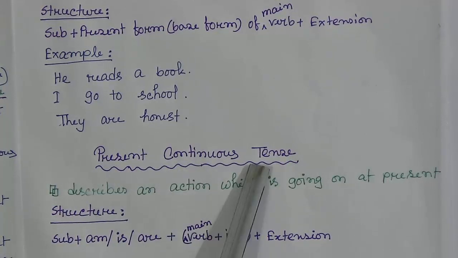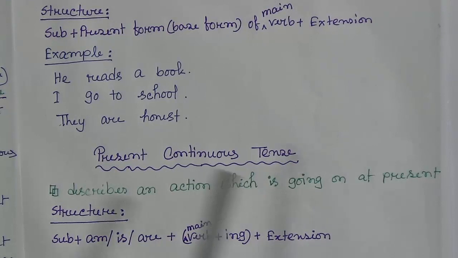Present continuous tense describes an action which is going on at present. That means it is continuing. The work or the action is continuing. It's going on at present. This is present continuous tense.